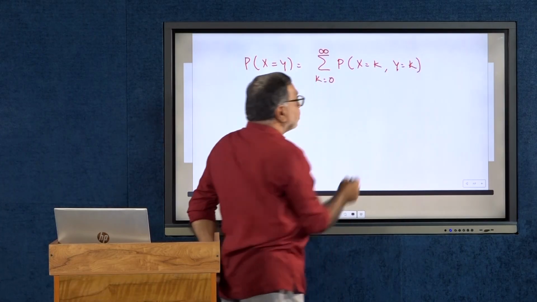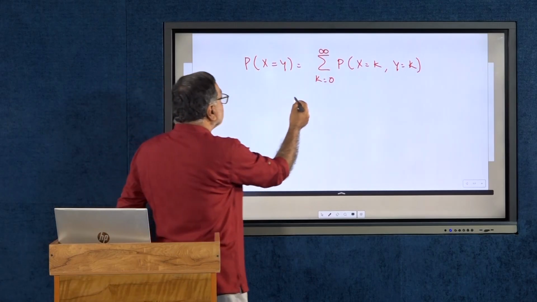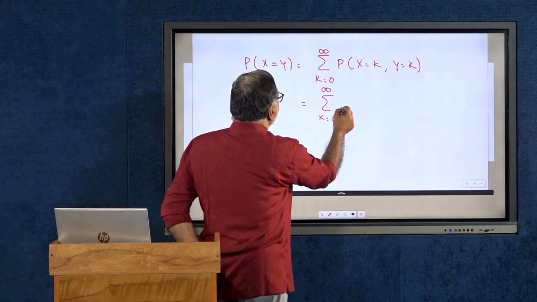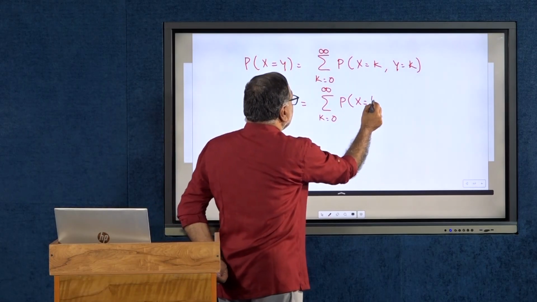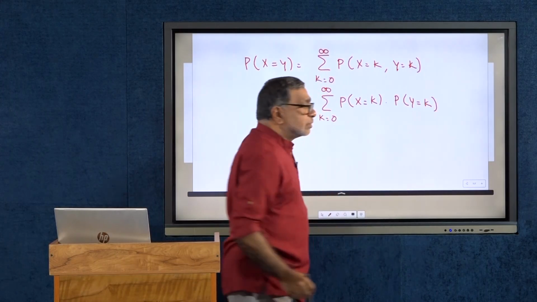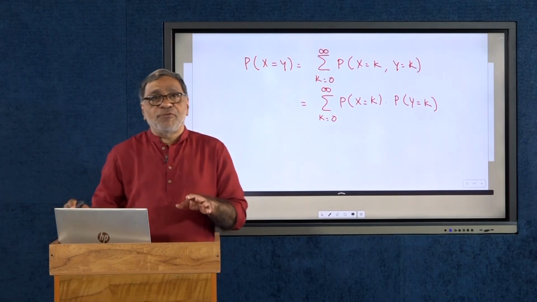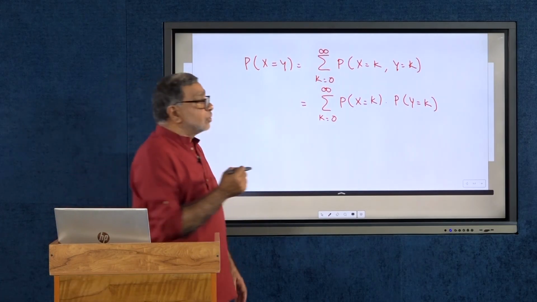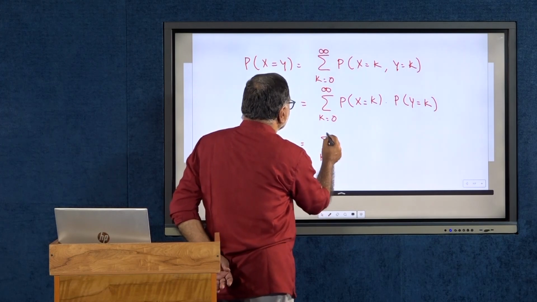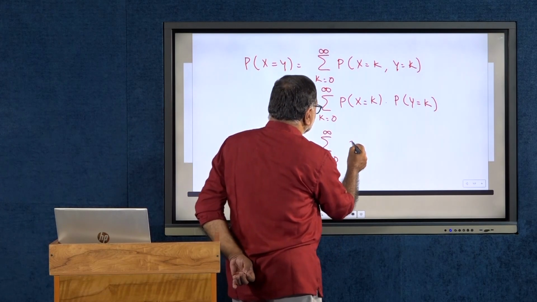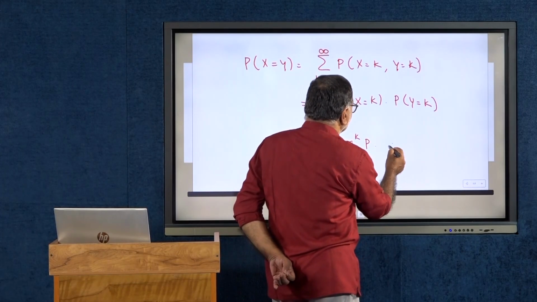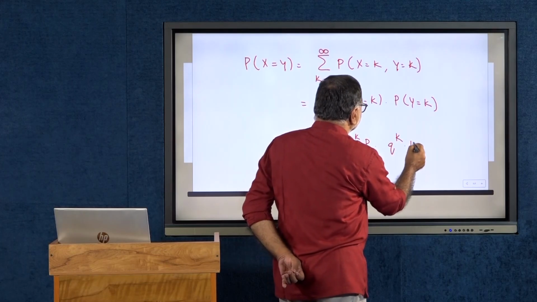And since the random variables are independent, you can write this expression as sigma k equal to 0 to infinity, probability of X equal to k into probability of Y equal to k. This is possible only for independent random variables. And now substitute the values. Sigma k equal to 0 to infinity, probability of X equal to k, that is q power k into p, and probability of Y equal to k, that also q power k into p.